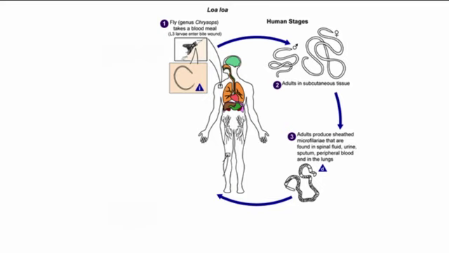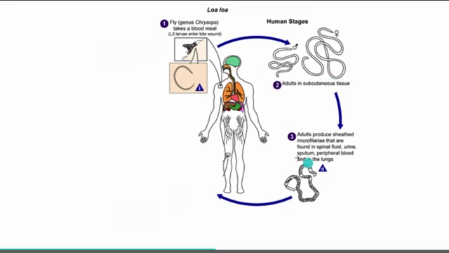At around 6 to 12 months, the larva will mature into adult worms, which will now reside in the subcutaneous tissues. And there it will mate, and the adult female will produce the microfilariae of the parasite.